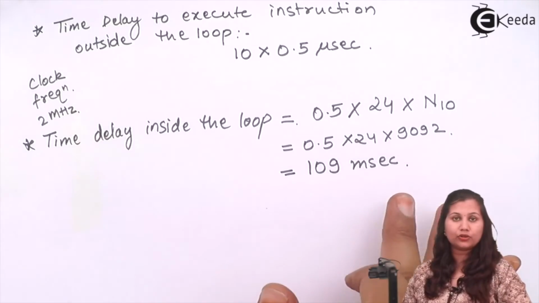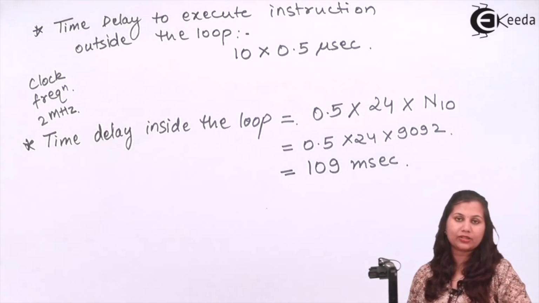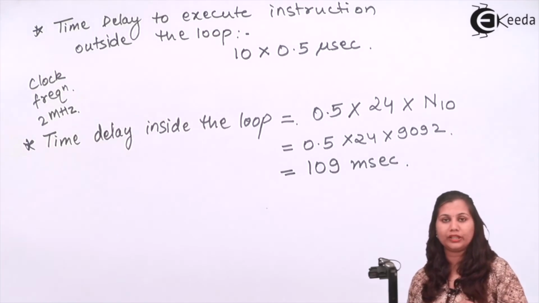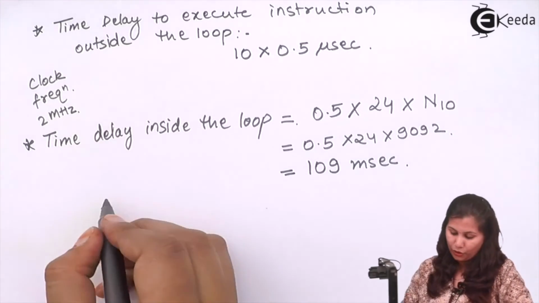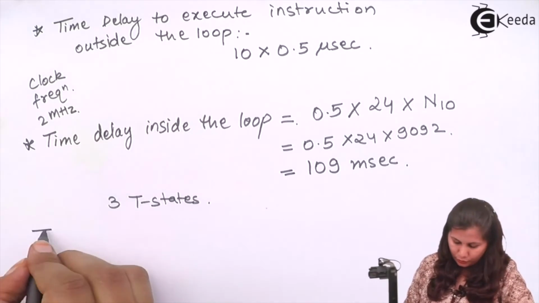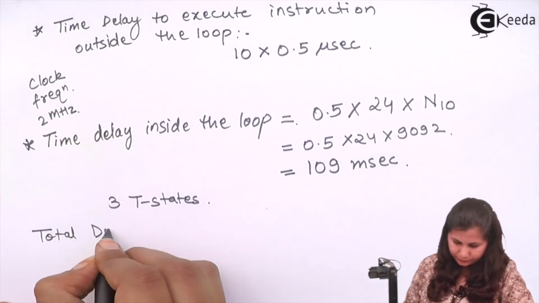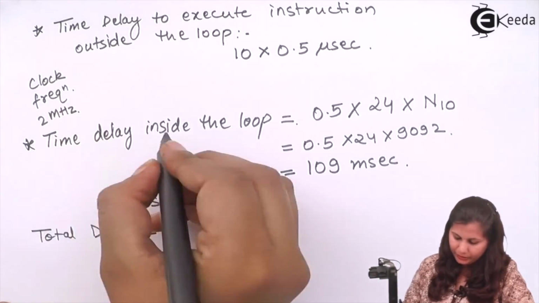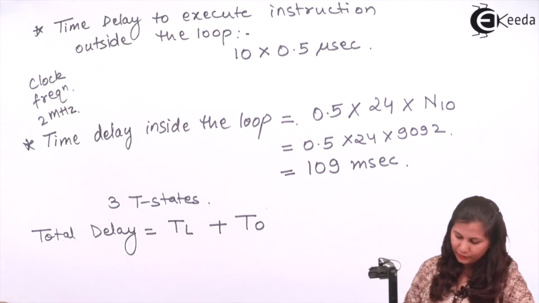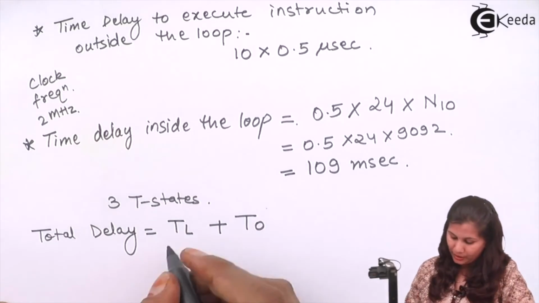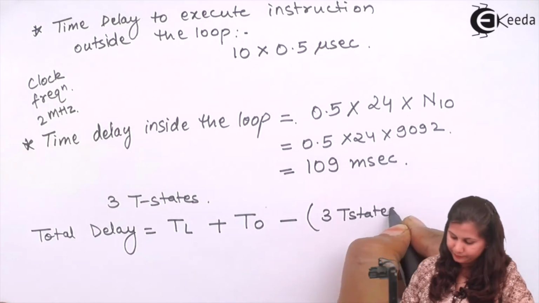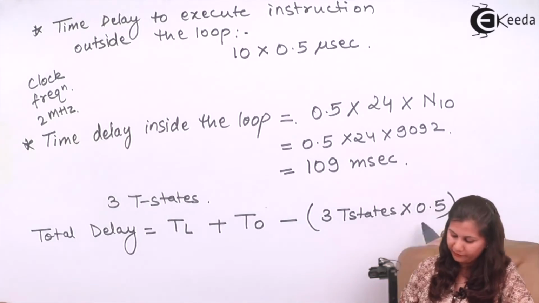Now here we have taken the total T states for the JNZ instruction as 10 T states, but the last time it is executing using only 7 T states. So for 3 T states we have to adjust this loop. The total delay will be the loop delay TL plus the outside-the-loop time, represented as T naught, minus the 3 T states time into the clock period of 0.5.